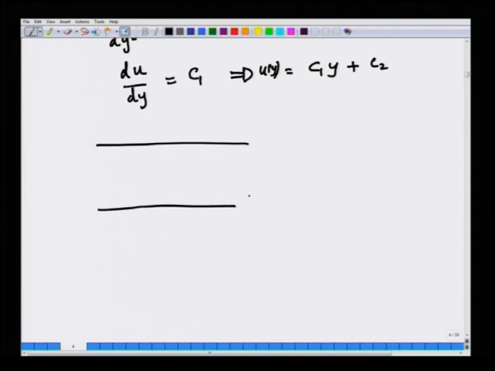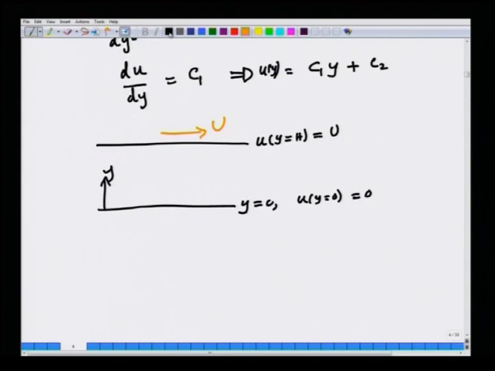Okay. These two constants can be fixed by using the boundary conditions that at y equal to 0, the fluid velocity is 0 because the plate is stationary. This is the no slip condition. At y equals h, the fluid velocity is the top plate velocity, which is moving with a constant velocity capital U. Okay.